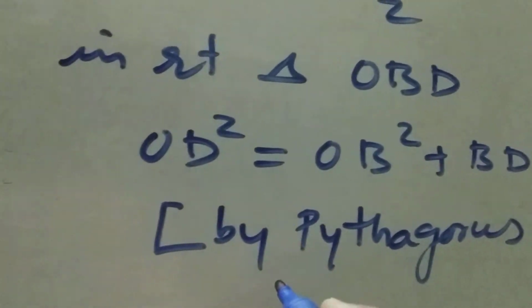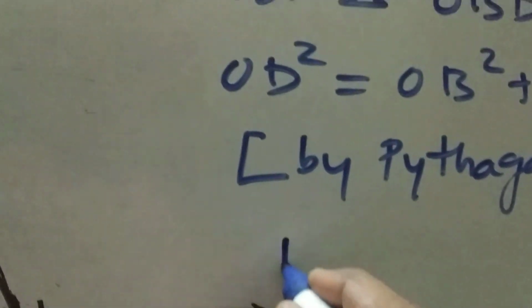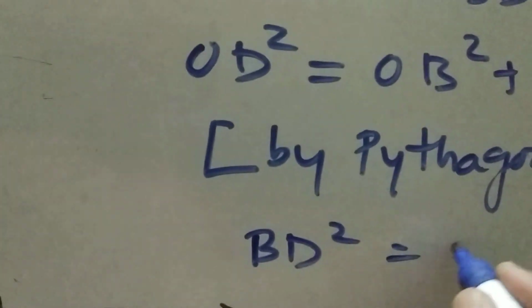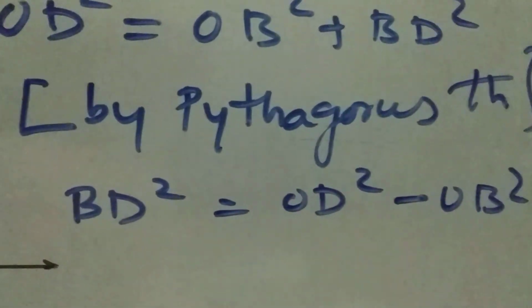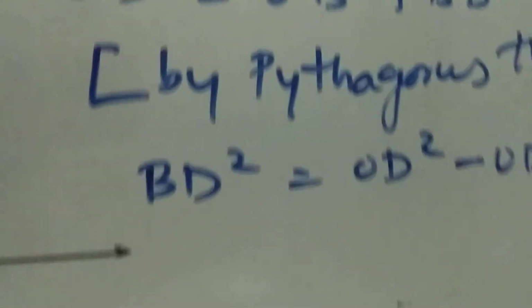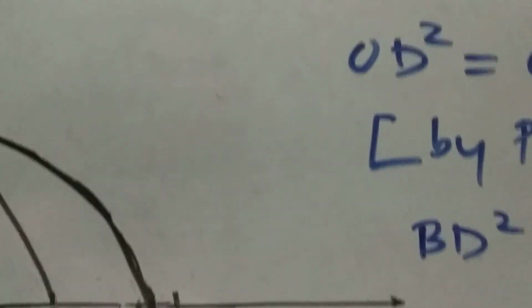Okay? Now if you transfer it here, BD square is equal to OD square minus OB square. Is it correct? Okay, fine.